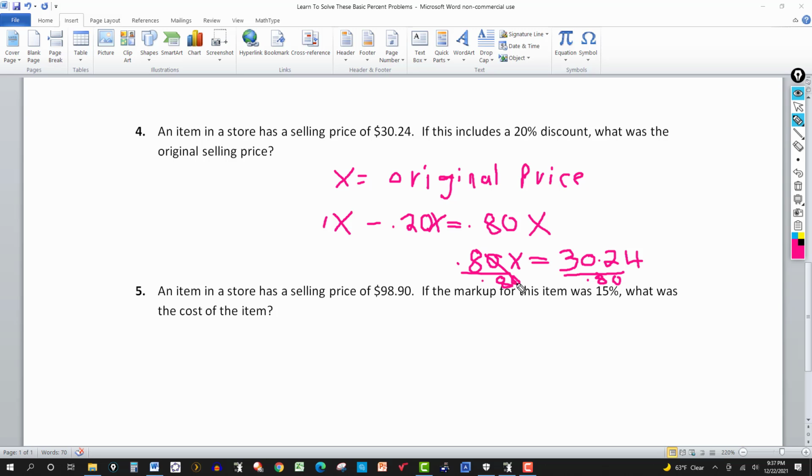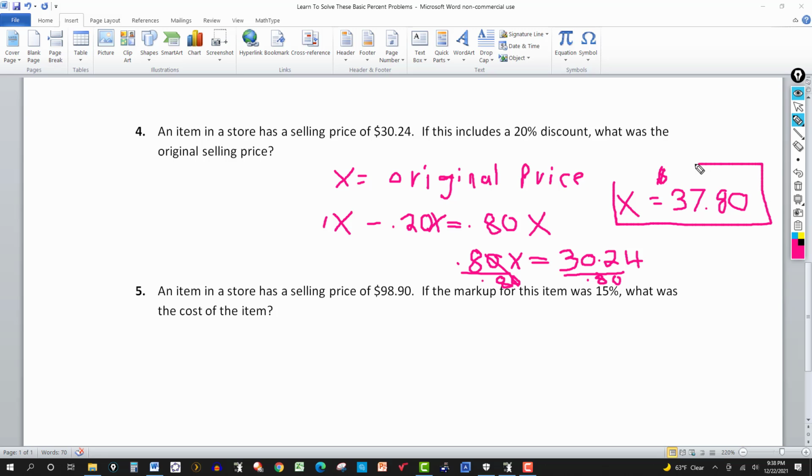So these cancel out here. So x will equal 30.24 divided by 0.80, which is 37.80. And that's dollars.